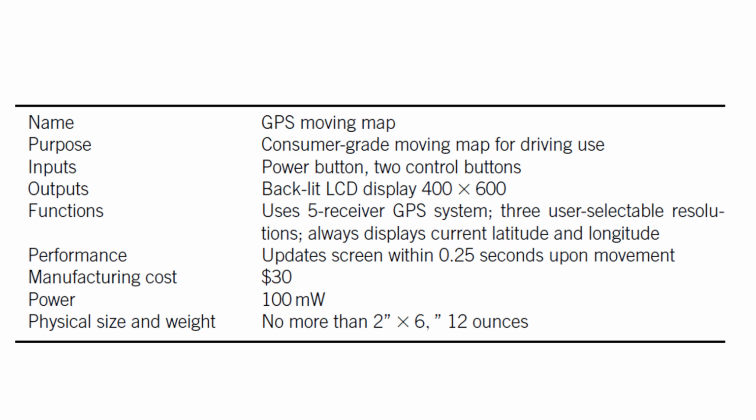The main function of the system is that it always displays the current latitude and longitude of the object. For performance, every 0.25 seconds it has to update the system, depending on the movement. The manufacturing cost should not exceed $30, the power should be only 100 milliwatts, and the physical size is not more than 12 ounces.